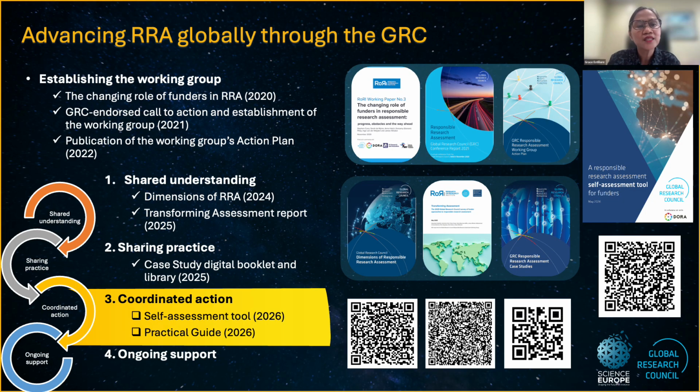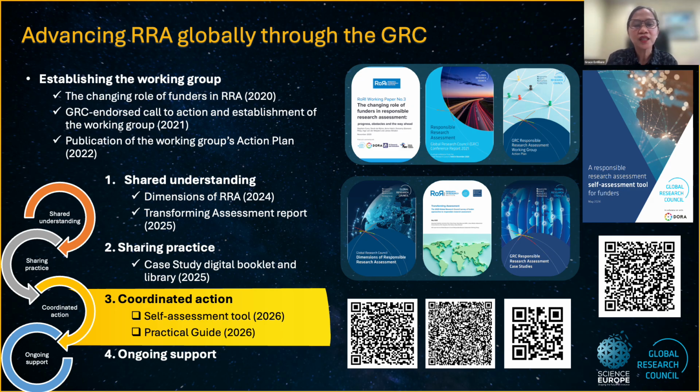So this outlines the GRC's phased approach to advancing RRA globally. Starting with the 2020 report, the working group was formalized in 2021 with an action plan in 2022. Phase 1 built a shared understanding through the dimensions of RRA published in 2024 and Transforming Assessment 2025. And Phase 2 focused on sharing practices through case studies.